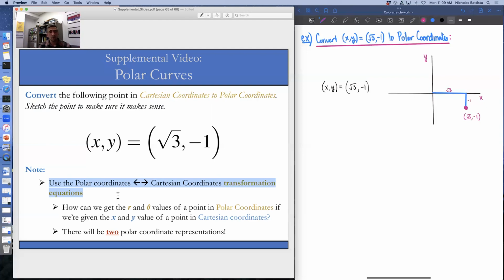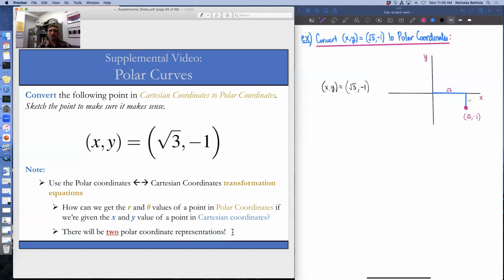In this case, we're trying to get the r and theta values, the polar coordinate representations, when we're starting with values in x and y, or Cartesian coordinate representations. Now, just as a spoiler, we're going to see in a moment that there's actually two different polar coordinate representations for one point in Cartesian coordinates.